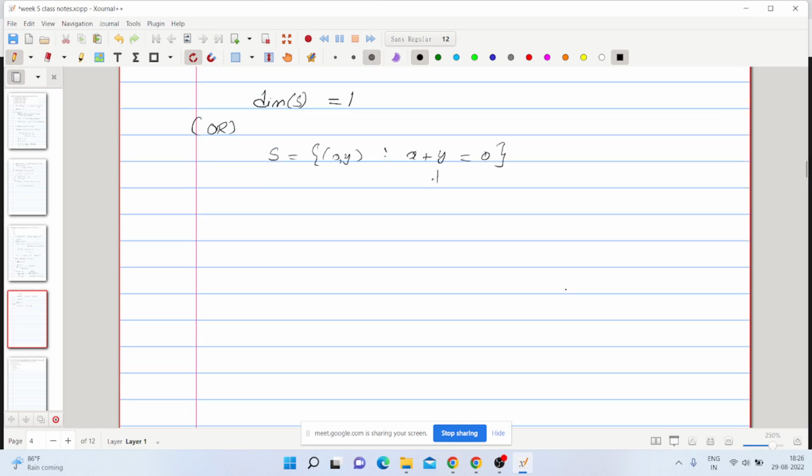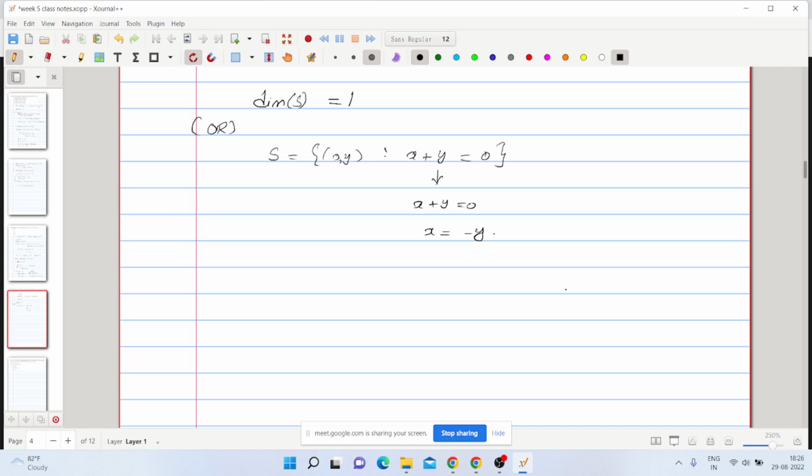From this condition, x plus y equal to 0 means x equals minus y. So we need to find the elements x, y so that this condition x equal to minus y is satisfied. That means if we have one particular element x, then y is already determined by x, that is y should be minus of x.